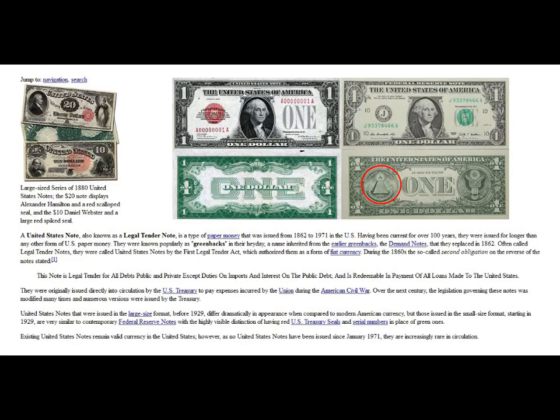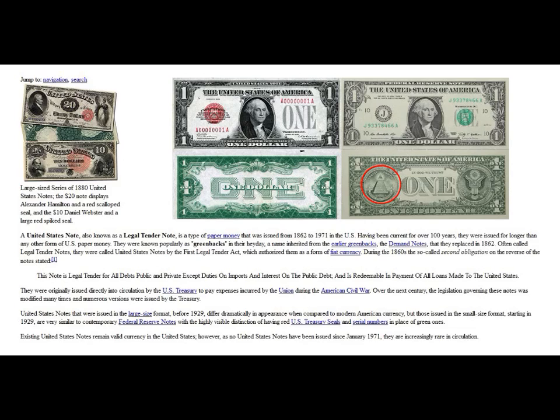Over the next century, the legislation governing these notes was modified many times, and numerous versions were issued by the Treasury. United States notes that were issued in the large size format before 1929 differ dramatically in appearance when compared to modern American currency.